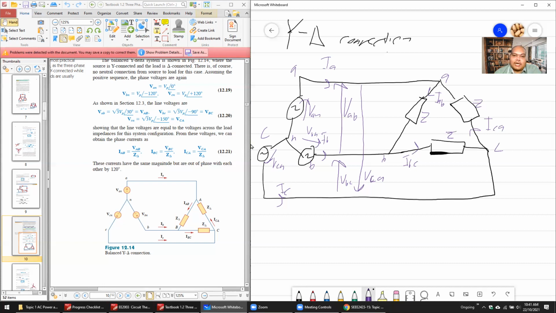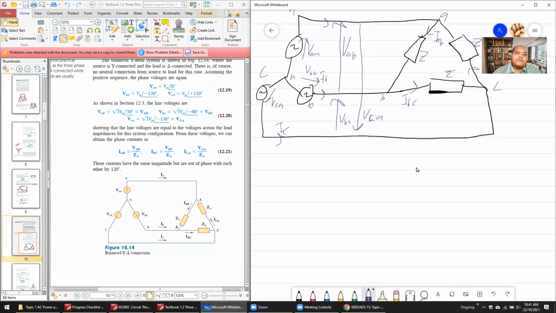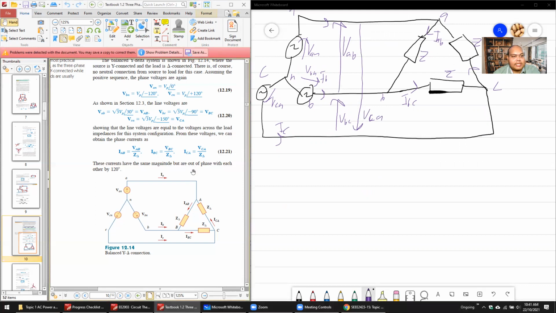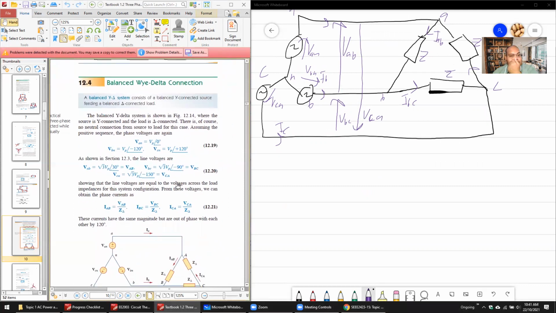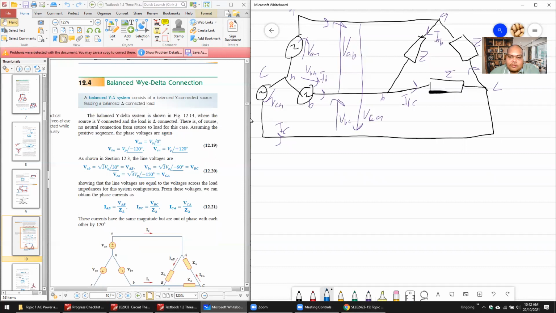From this, they usually give you the line voltage. But for this case, maybe I just show you from the phase voltage. So assume that the equation is the same. Let me show you.